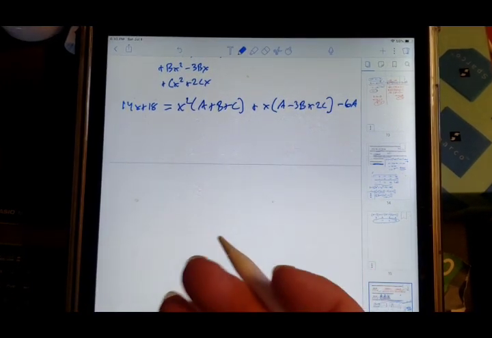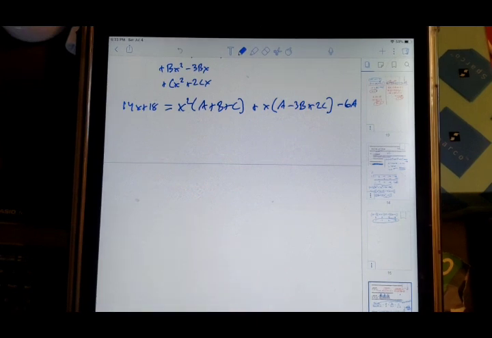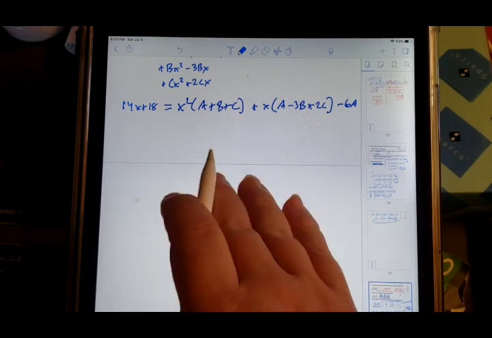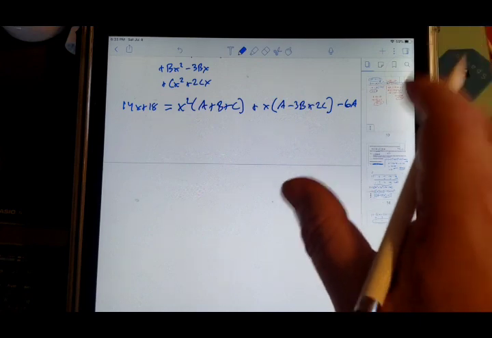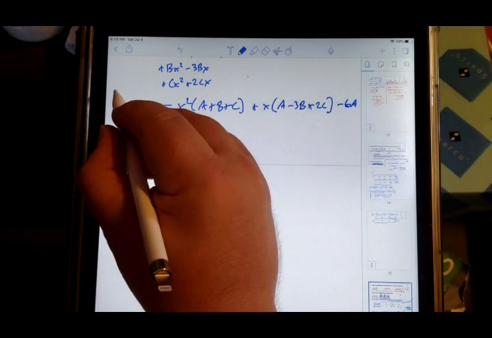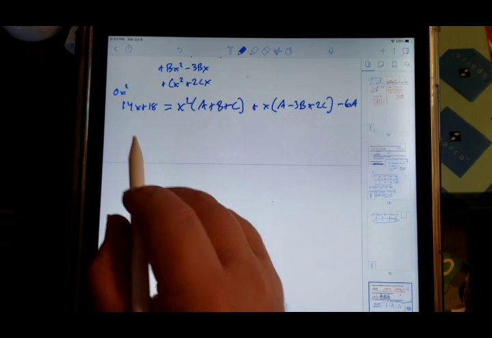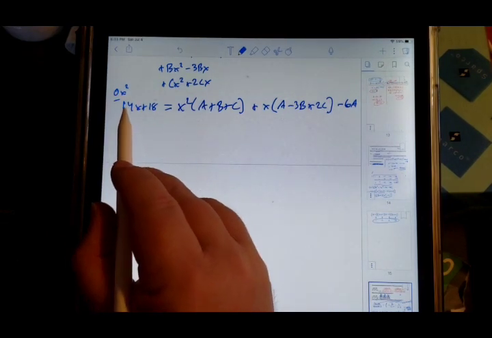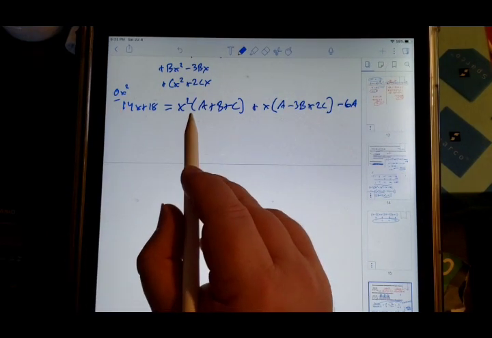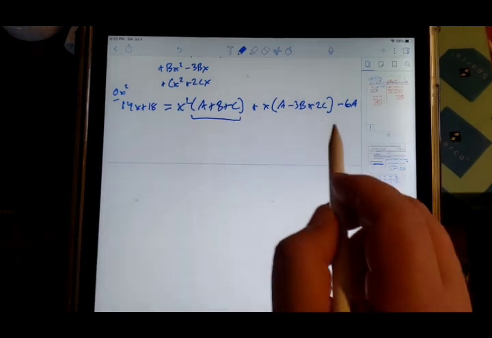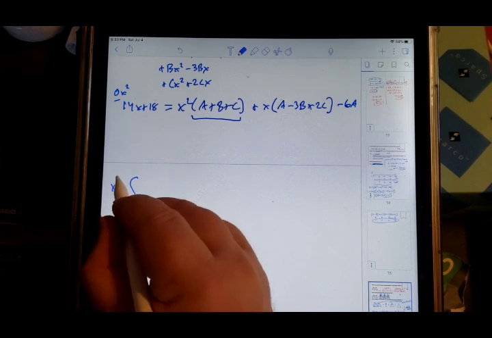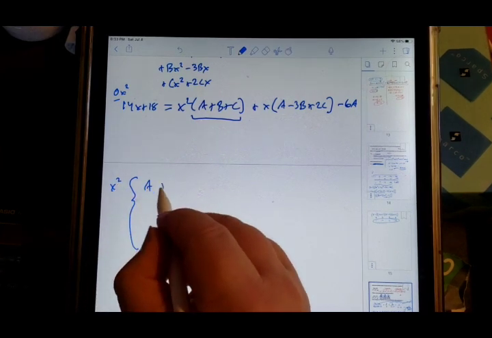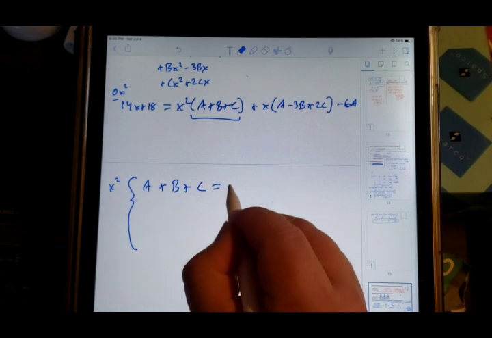The reason why I say that is I'm definitely going to use other methods as well, but I could use the forbidden x values method, but let's do it. 0x squared, just so you see where I'm looking. So 0 is the coefficient for x squared on the left, and a plus b plus c is the coefficient on the right. So my system, the x squared coefficients are going to be a plus b plus c equals 0.